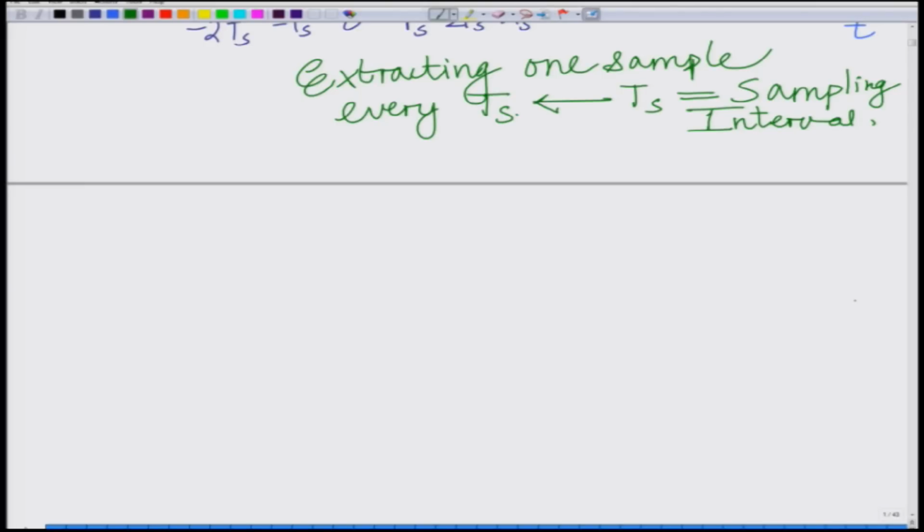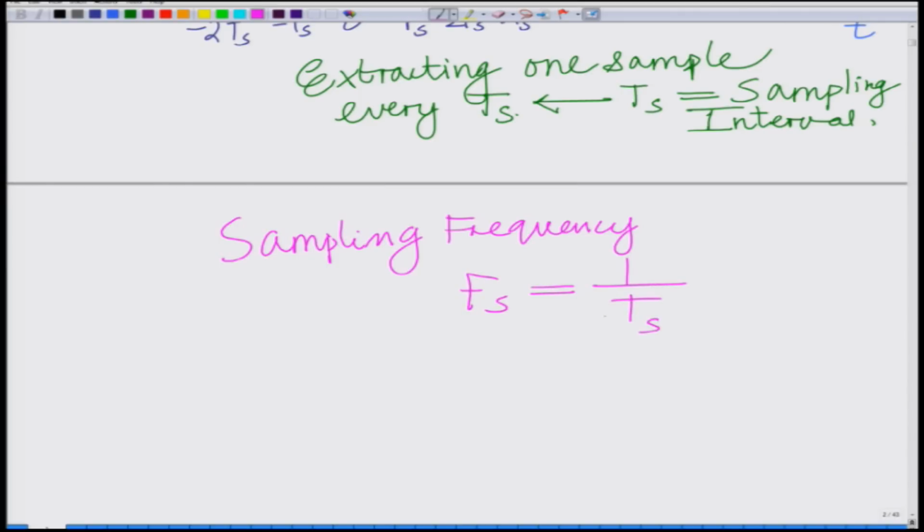So, Ts is the sampling interval, that is the period of sampling, and 1 over Ts is the sampling frequency. Since this is a periodic process, the sampling frequency, which we will see is a fundamental quantity of this sampling process, is Fs equals 1 over Ts.